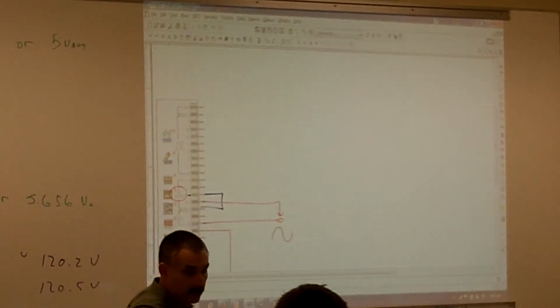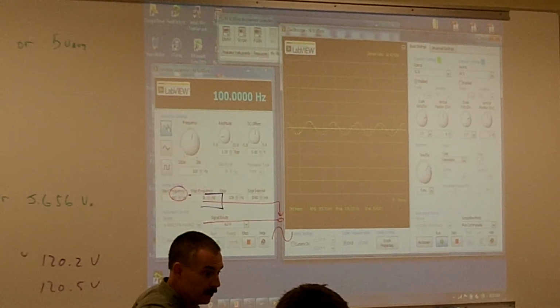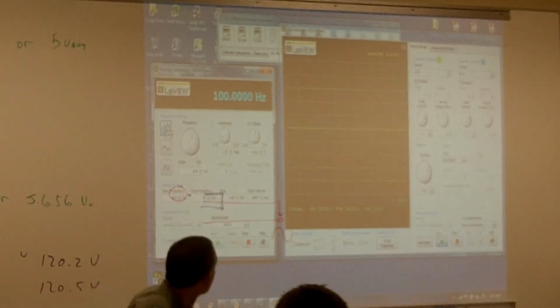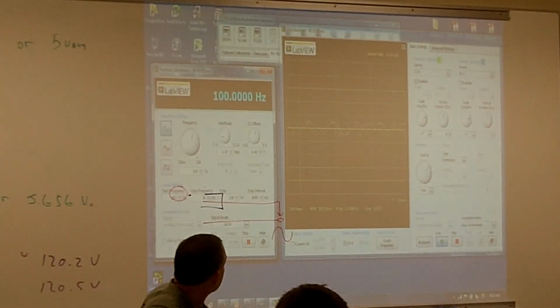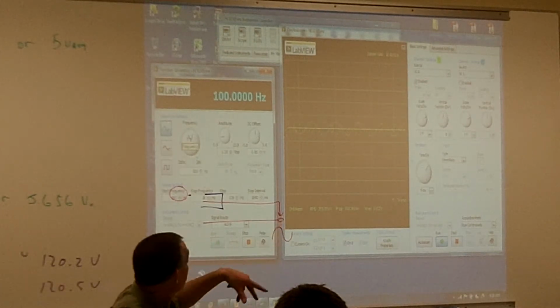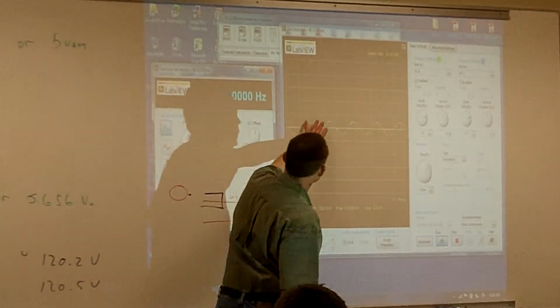So I'm going to turn on my function generator and I'm going to turn on my oscilloscope. And in there I can see that I already have my AC signal. If I change it, it'll give me a triangle wave, or a square wave. Okay? So that's my graphical representation of what's coming out of my output.